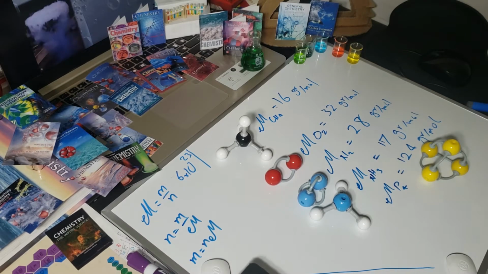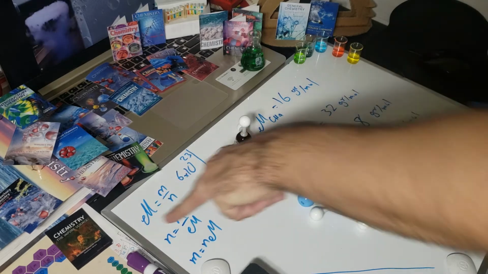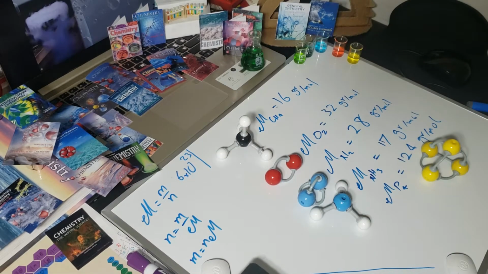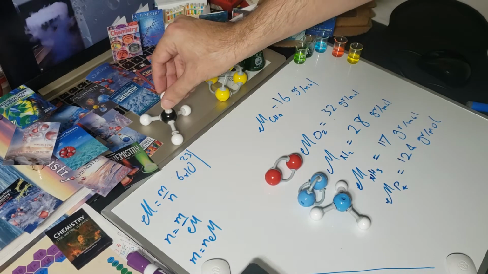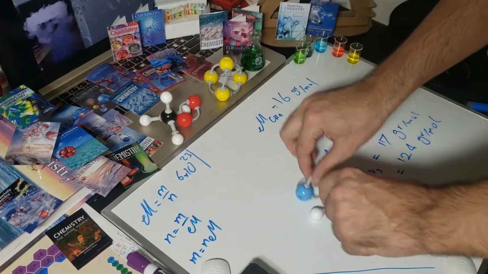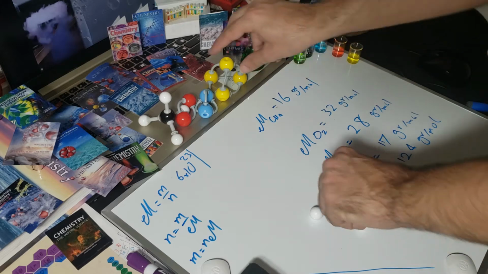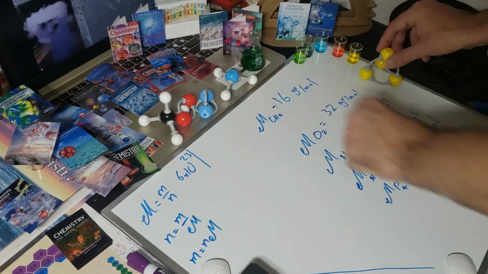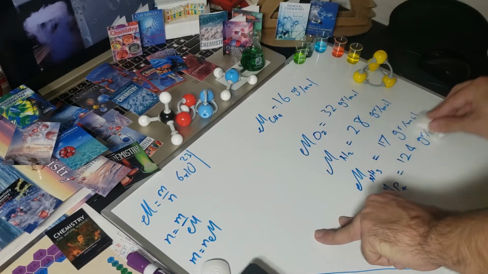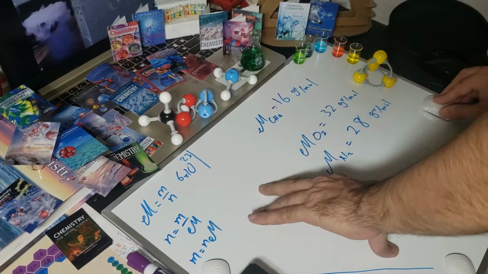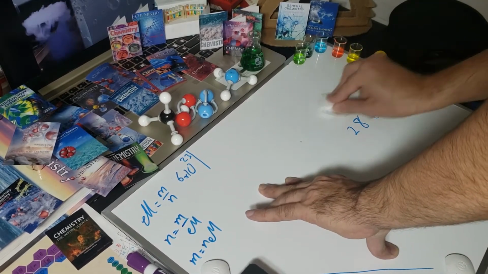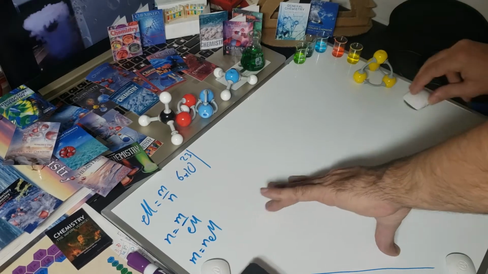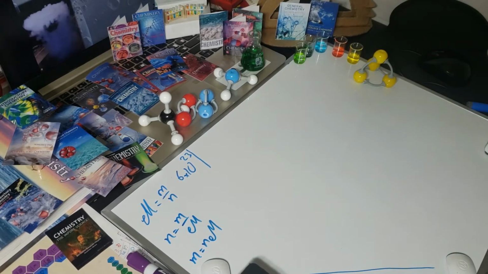Now I'm going to go on to use these formulas in real chemical reactions. We will talk about balancing chemical reactions later on, but for now I just want to talk about specific examples.